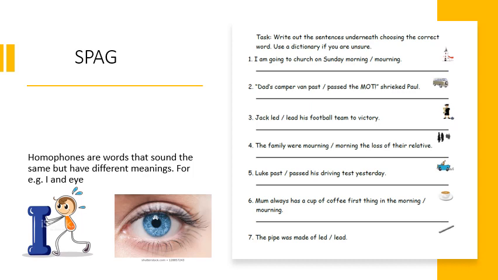The family was mourning, M-O-U-R-N-I-N-G. And Luke passed, P-A-S-S-E-D, passed. And then Mom always has a cup of coffee first thing in the morning, M-O-R-N-I-N-G, morning. And the pipe was made of lead, L-E-A-D, lead. Okay, the material lead.